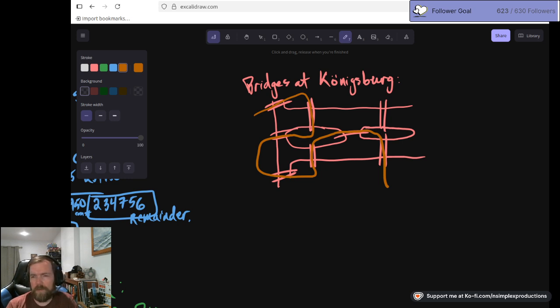In this case, we can't do it because we end up missing one of the bridges. And it turns out that there's no way that you can actually get all of those bridges because you always end up locking yourself back into a certain place.